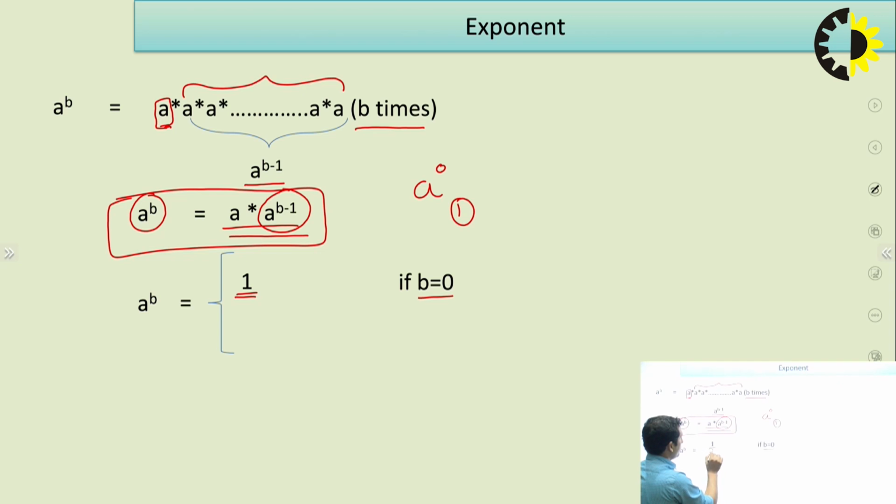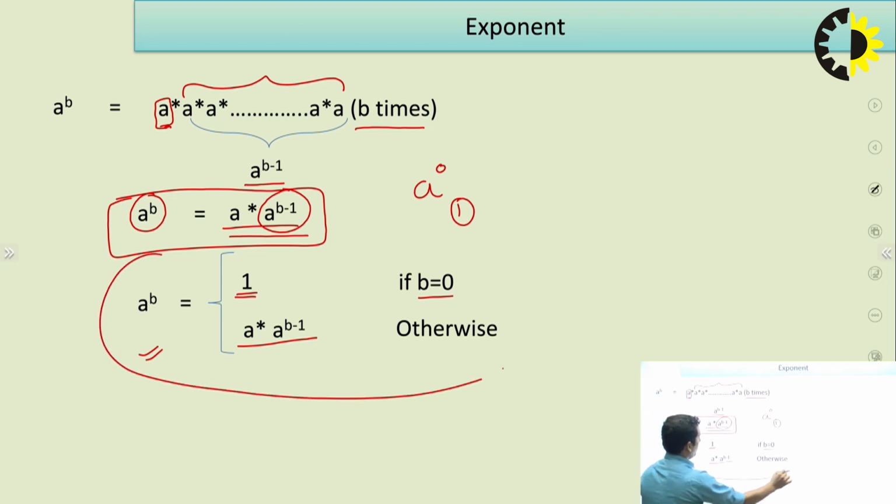The value is 1 here. This is the base case. Otherwise the value is a into a power b minus 1. So this is the mathematical recursive definition of a power b.